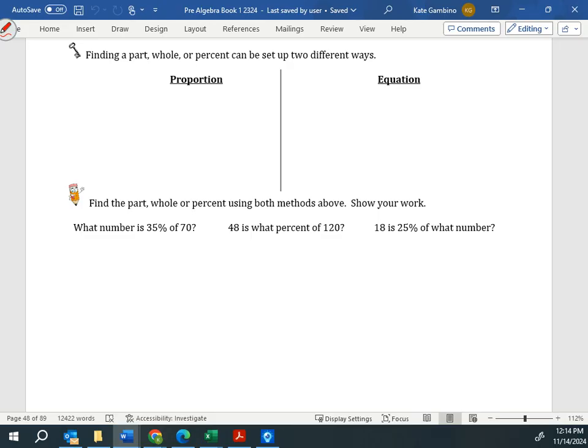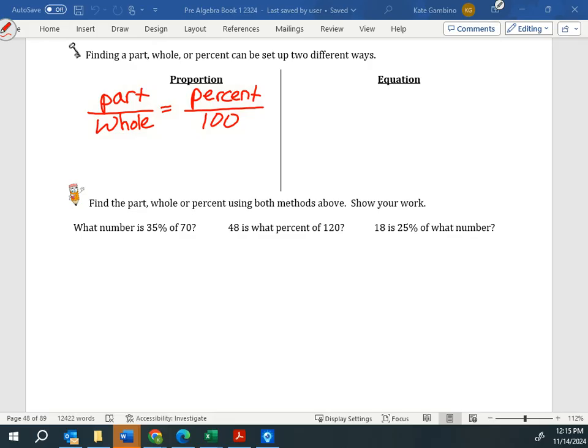So we can set it up as part over the whole equals percent over 100. So just like that fraction we just saw, 20 over 25 was the part over the whole, 80 over 100 was that percent. 80 hundredths, this is the percent. Okay?